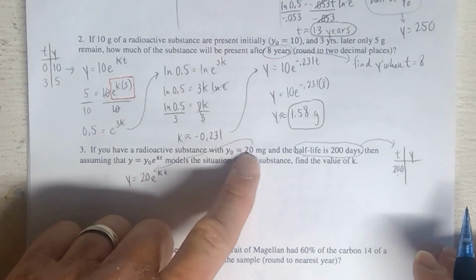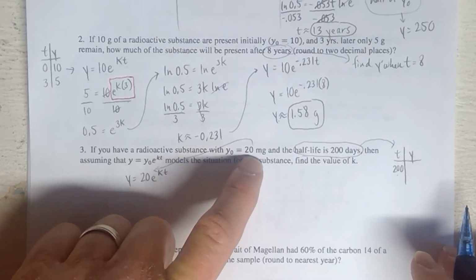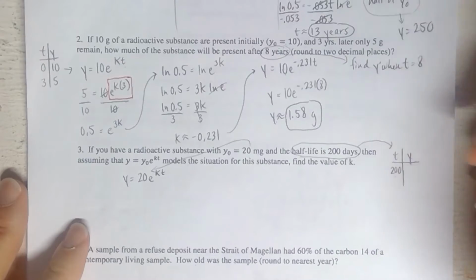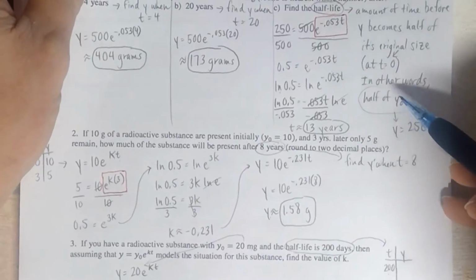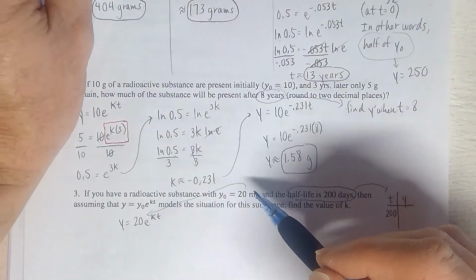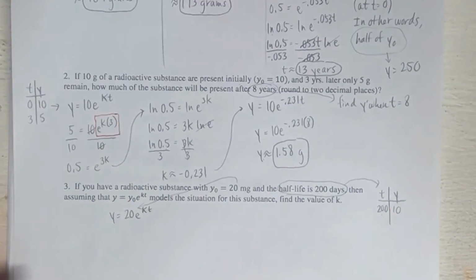Its original size was 20. I know that because it has the y naught right here, which means the original size at time 0. And so just like up there where I cut the 500 in half and the y for the half-life was 250, in the same way I cut the 20 in half, and so now the y is 10.